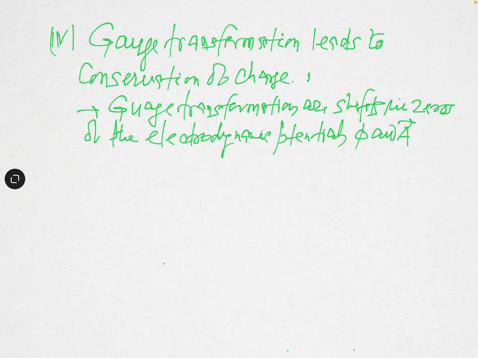Actually, this gauge transformation leaves the electric field vector E and the magnetic field vector B unaffected, so it is found that the charge conservation holds, or this invariance actually leads to the charge conservation.